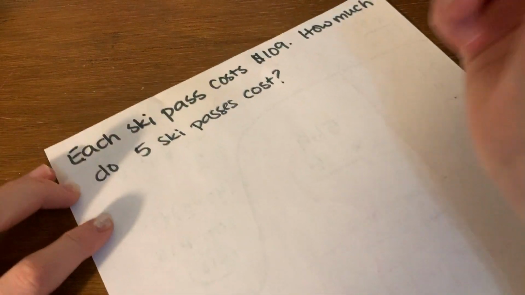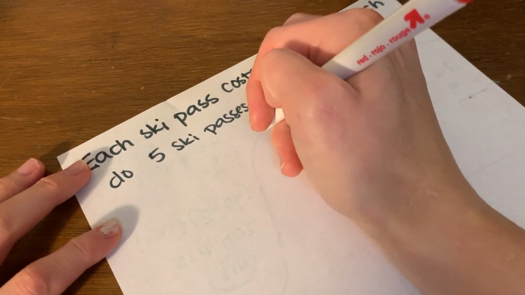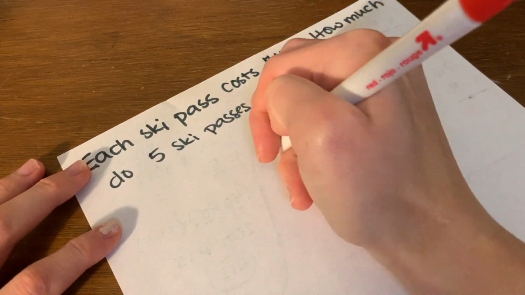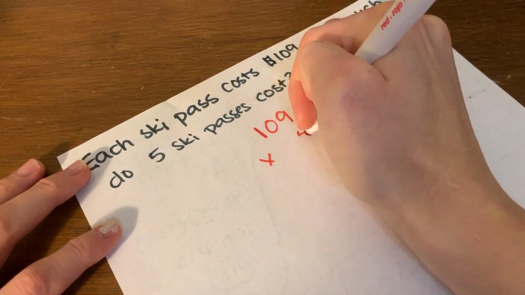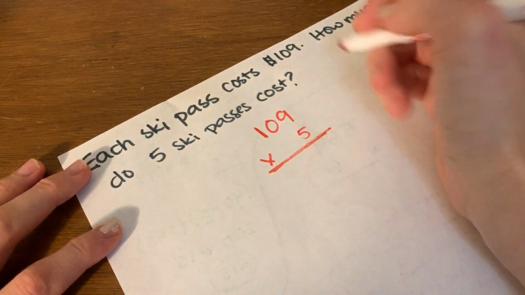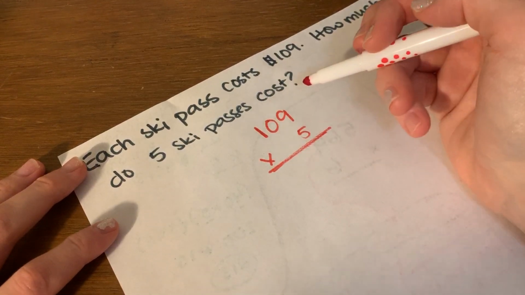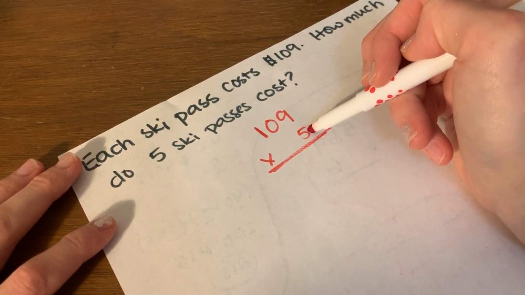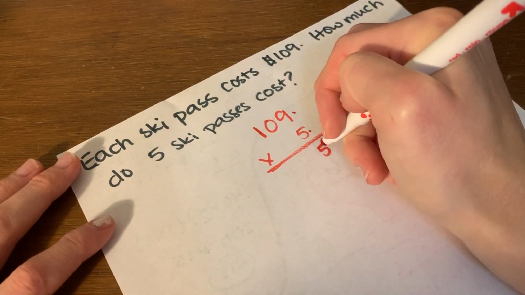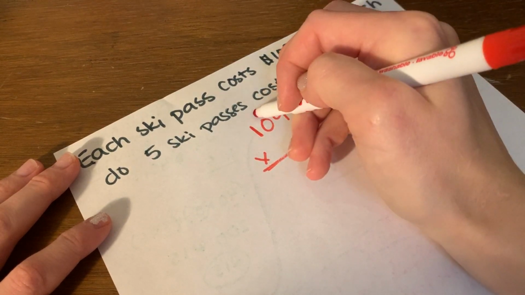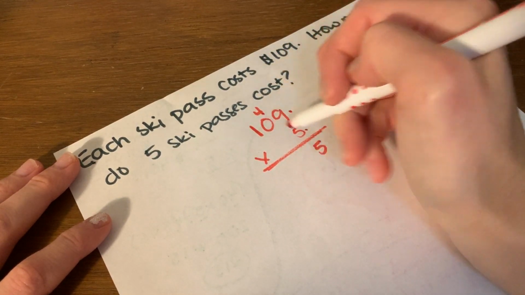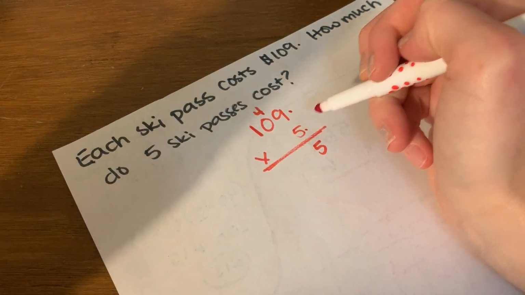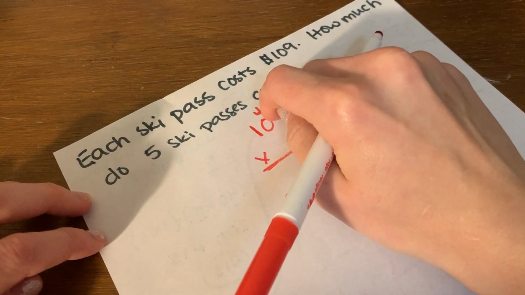All right, I'm going to solve this using the traditional method, just as a reminder to you guys of what to do when you come across zeros when you are using the traditional method. So 5 times 9 gives me 45. Drop my 5, carry my 4. 0 times 5 gives me 0, but then I'm adding that 4 in.